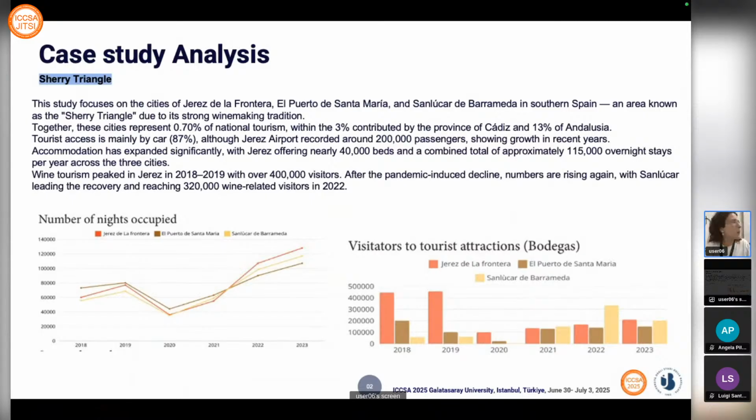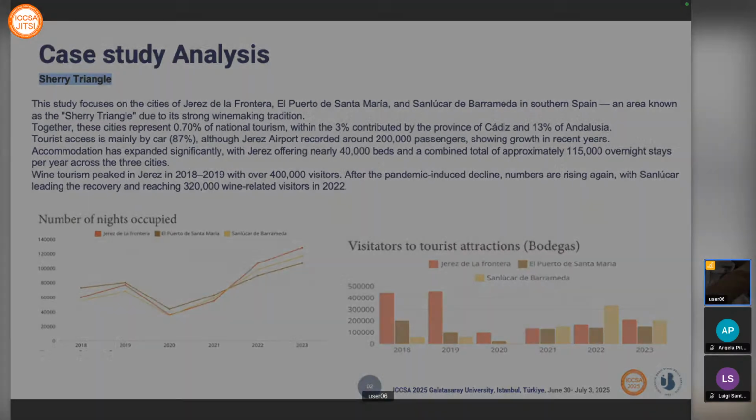If you want to add something about the study region, through those data we understand that we are not in a major destination, but in a really remote area where 0.7% of national tourism is located, and the 3 municipalities show the same trend in tourism data.